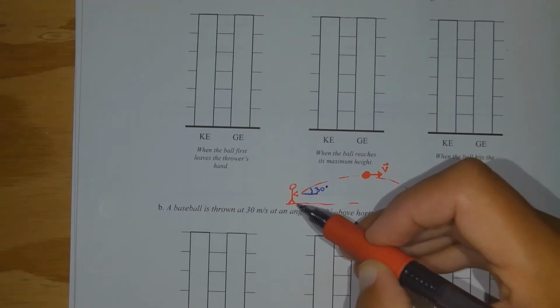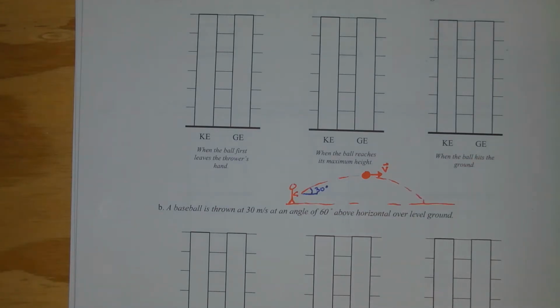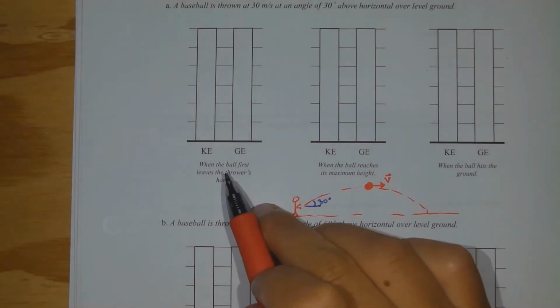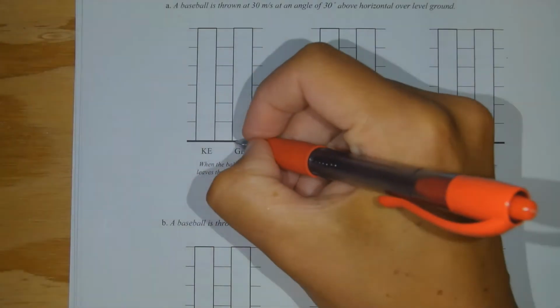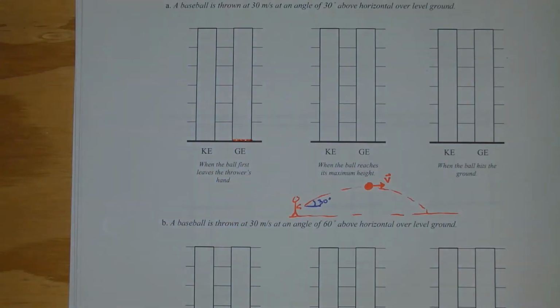Or you could just pretend the thrower is bending over and releasing the ball from ground level. So if we do that, then when the ball first leaves the thrower's hand, the gravitational potential energy is 0. If you don't make that approximation, then you'd have a little bit of gravitational potential energy when the ball leaves the thrower's hand.